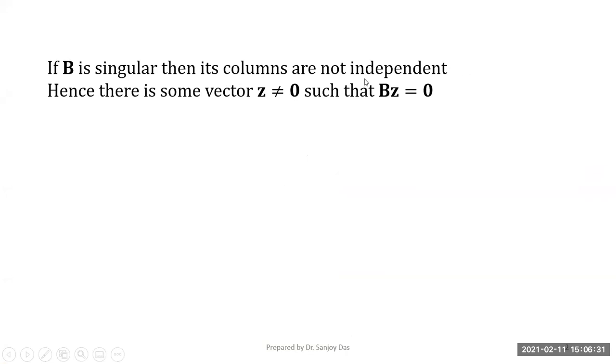Hence, there must be some vector z not equal to 0 such that Bz equals 0. This is an observation we use for B to be a singular matrix.